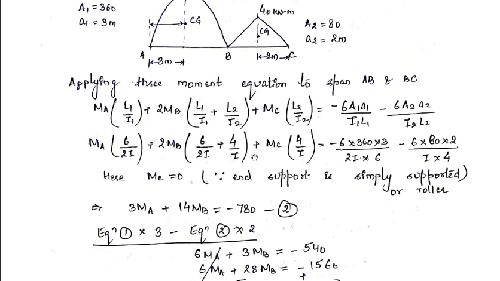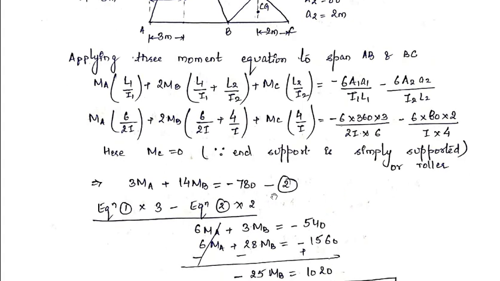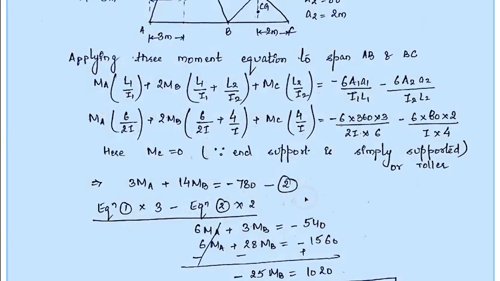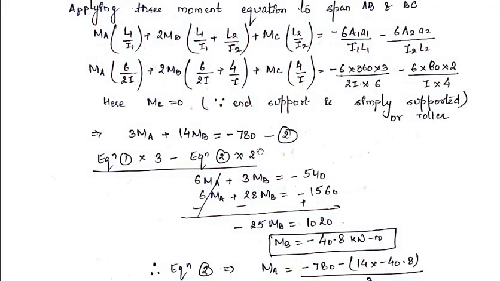So this equation will be reduced into two variables, that is MA and MB. After solving, you will get the equations of MA and MB like this. Now you have got two equations, equation 1 and equation 2, in terms of MA and MB. So we can now solve these two equations simultaneously and find the values of MA and MB.